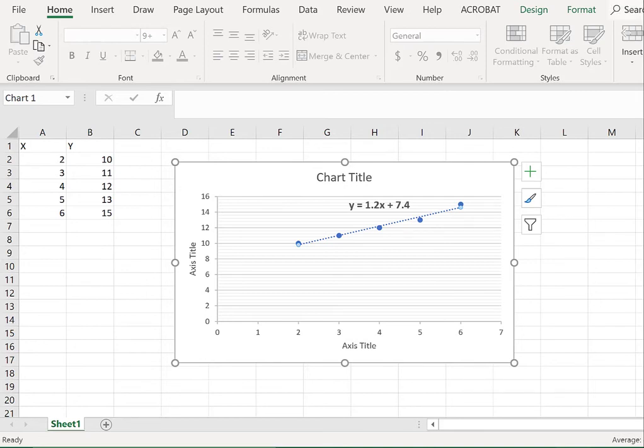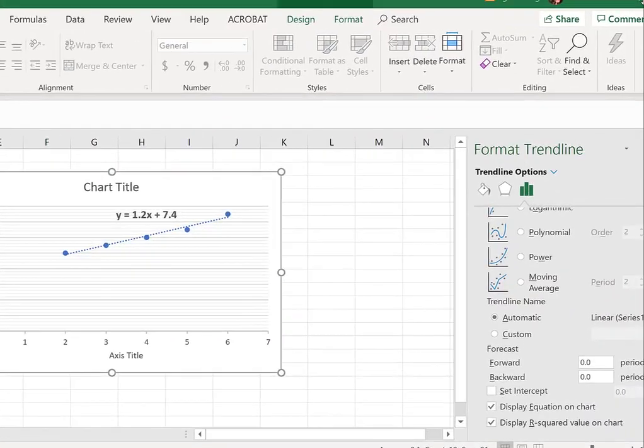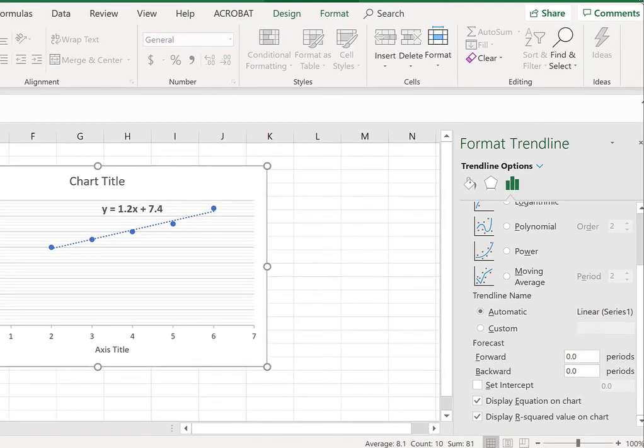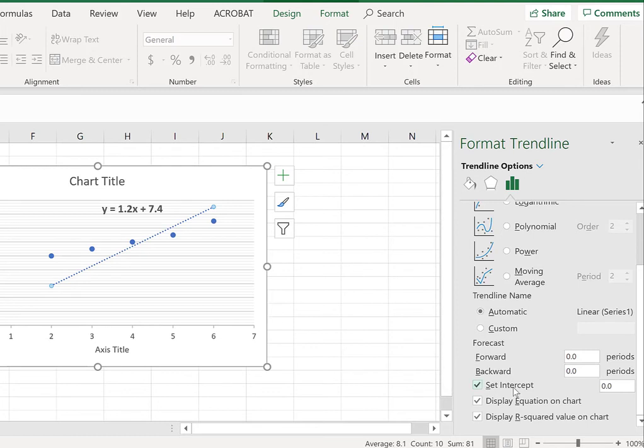Let me see if I can expand my view right here. Okay, you should be able to see it now. What you want to do is set intercept to 0. You click that, hit set intercept to 0, and then you don't want to display R squared, so you click off that one.